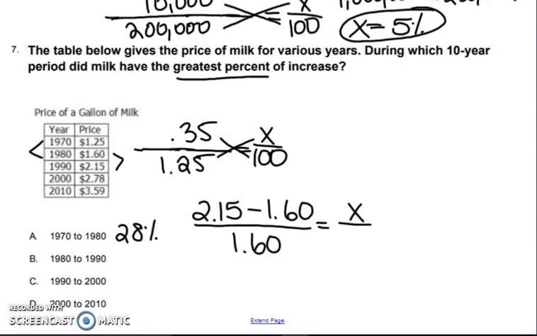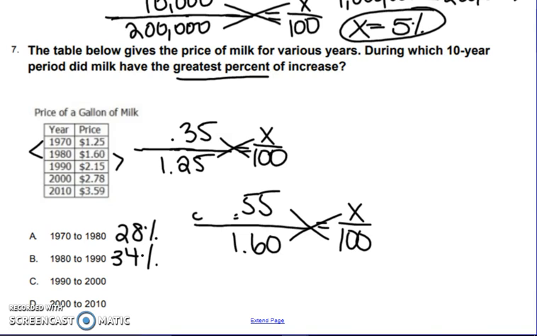It does say to find the percent, so we're going to do that. You guys know this. You rock at this. We subtract that, and I get 55 cents. Multiply each of them, divide by $1.60, and you are left with about 34%.